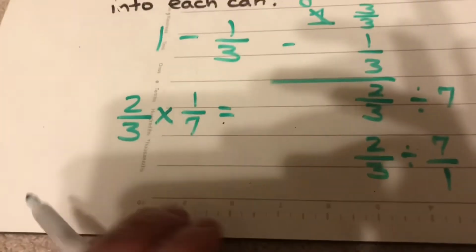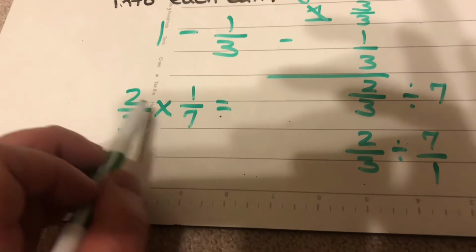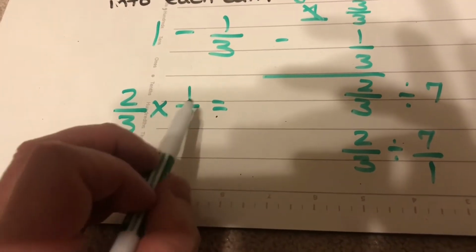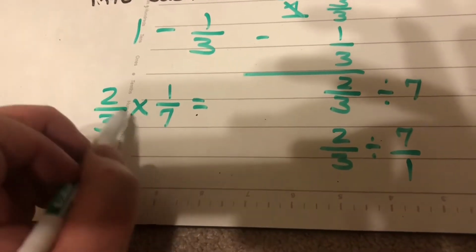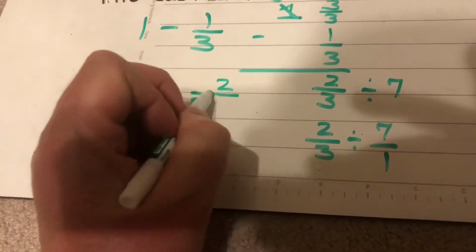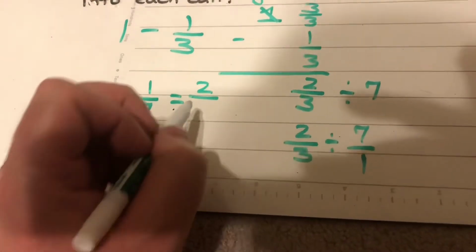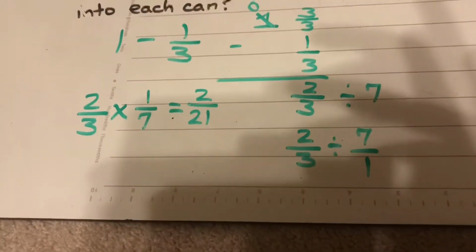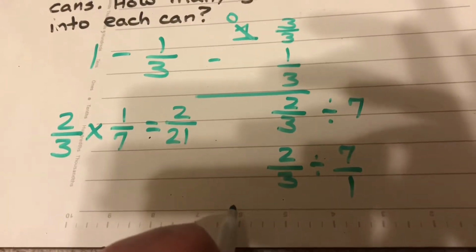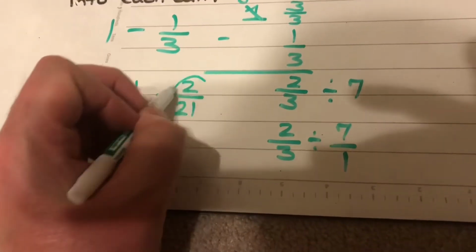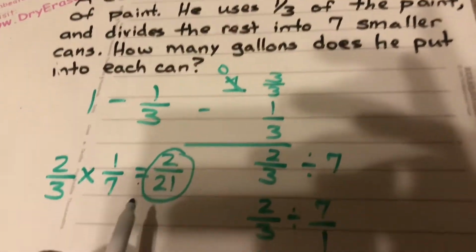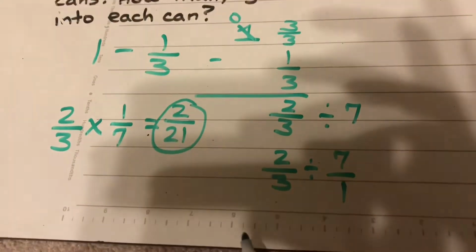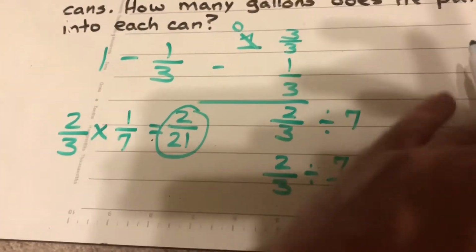Now I'm going to look for cross-checking. Nothing besides 1 can go into both 7 and 2. Nothing besides 1 can go into both 1 and 3. So I can't cross-check. 2 times 1 is 2. 3 times 7 is 21. There's no number besides 1 that can go into both 2 and 21. So when it asks how many gallons he puts into each can, it's 2/21 of a gallon.